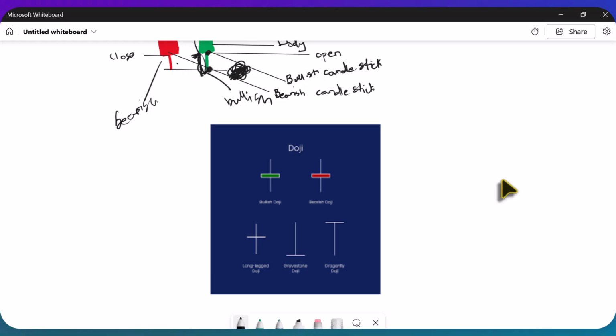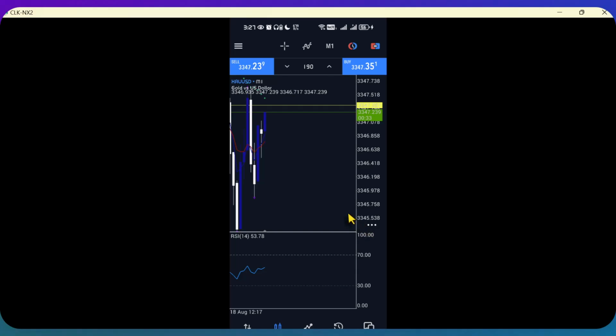So now, why are candlesticks important? That's because they show us the battle between the buyers and the sellers within a specific time frame. As we've seen in this example, when this candlestick was forming, the buyers had more pressure than the sellers.